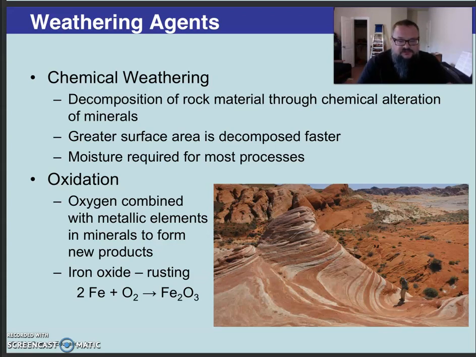If you've ever seen an old car that's been sitting in a junkyard or sitting in someone's backyard for a long time, you know that the iron in that car, which can be found in the steel that used to be common in cars, not so much anymore, over time reacts with the oxygen in the atmosphere and oxygen in precipitation, and that creates a chemical reaction, which is known as oxidation.